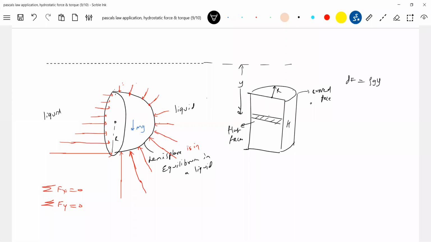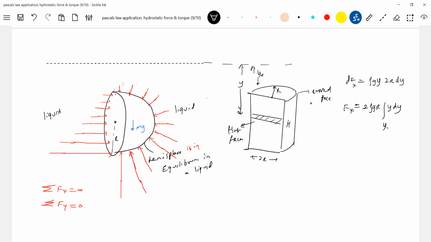dF equals rho g y into 2r dy, the width will become 2r, no? So if I integrate this, what should be the limit? I'll get 2 rho g r outside, y dy.